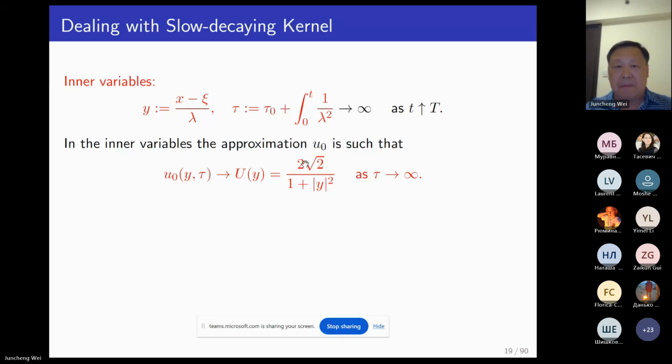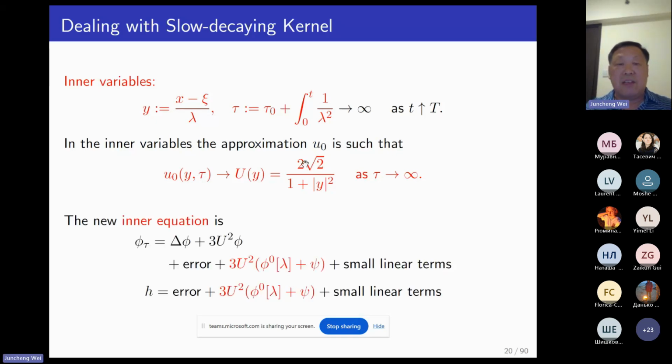The inner equation is phi tau equals Laplace phi plus 3u squared phi plus some error terms, plus some terms that come from the global correction, and there's also a term coming from the outer problem, and then nonlinear terms and so on. I call all this error H.